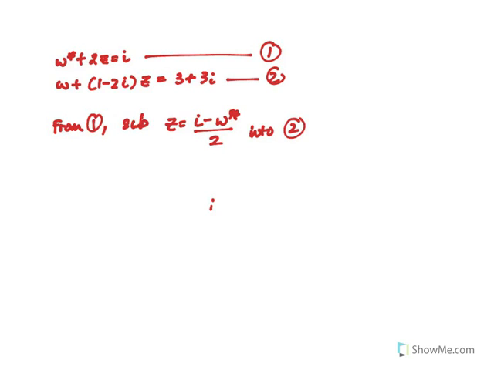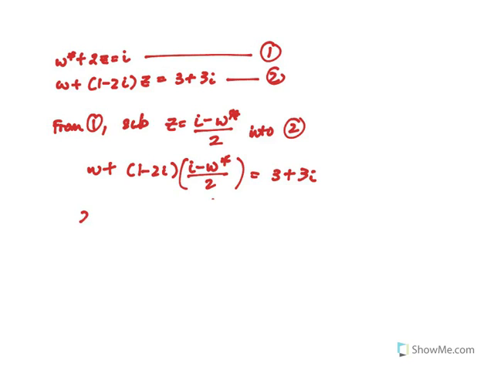Then I have w plus (1 minus 2i) times z, where z is (i minus w asterisk) over 2, equals 3 plus 3i.